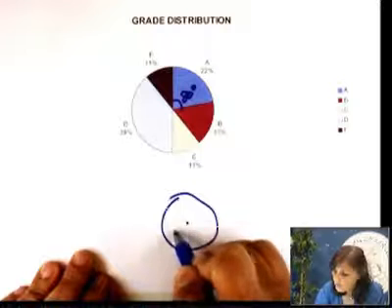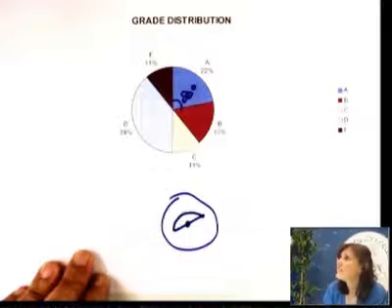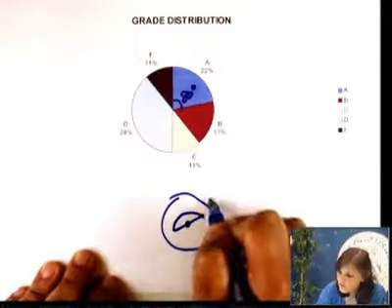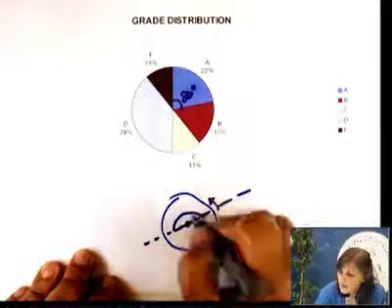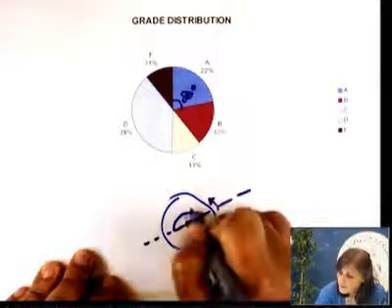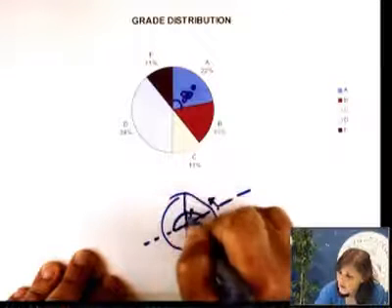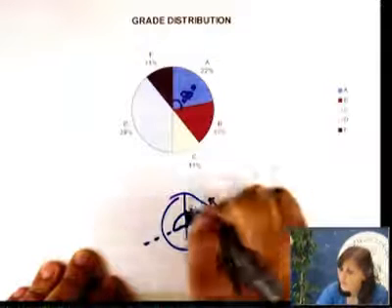You would put your protractor right here with its center at the center of the circle, and then read the degrees counterclockwise, and then go to 80 degrees here. Probably it's a little bit less than that, and this is the slice that I'm looking at for the A's.